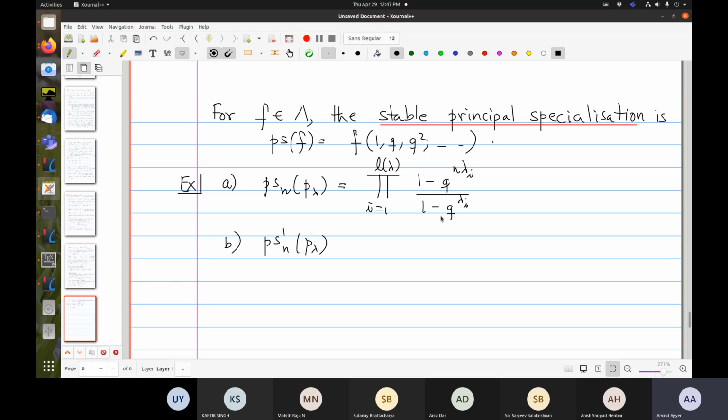So A clearly implies B, and you will get n for each term, so it will be n to the length of lambda. And C is the stable principal specialization of the power sums, and this is the product i equals 1 to the length of lambda; you just take the limit of this as n goes to infinity, and you get 1 over 1 minus q to the lambda i.